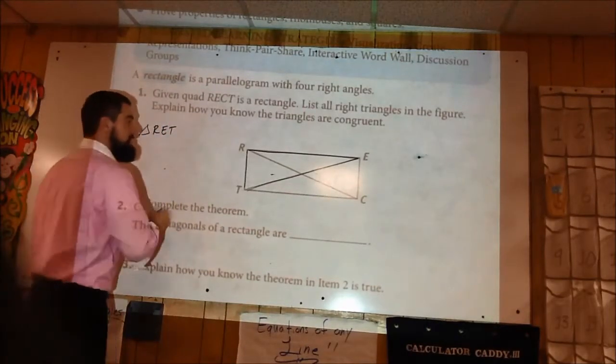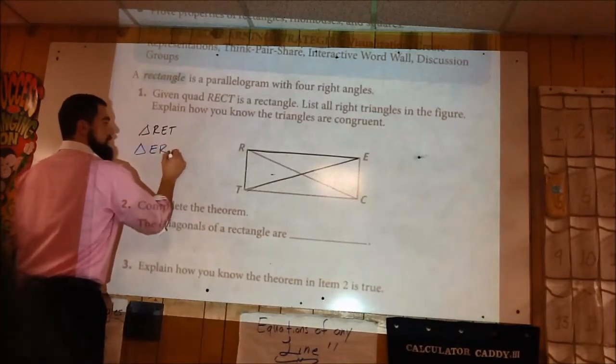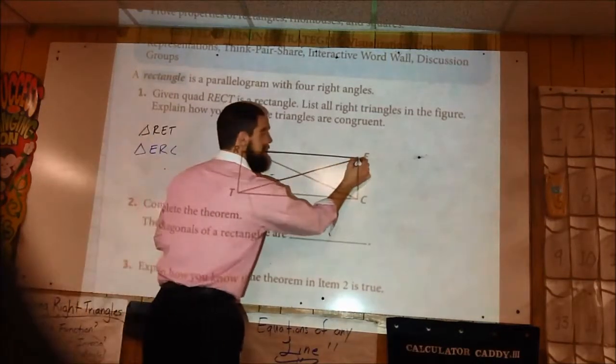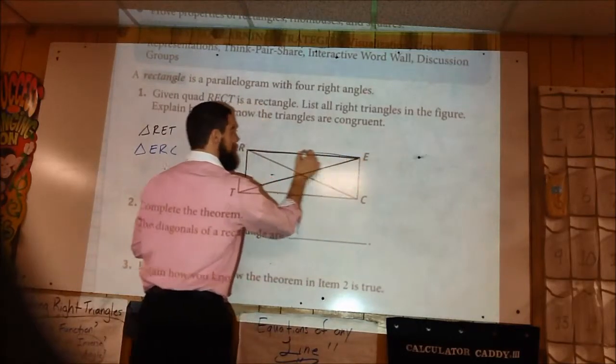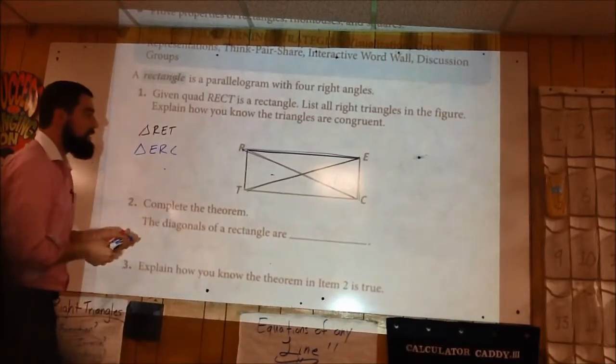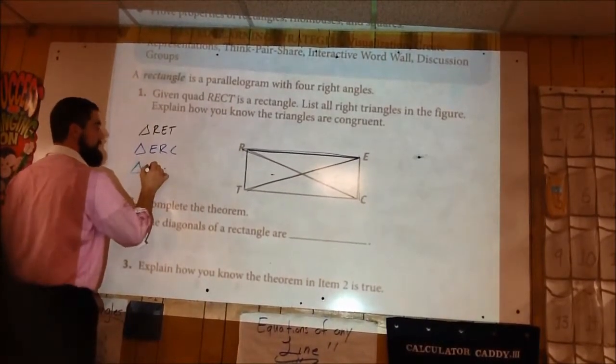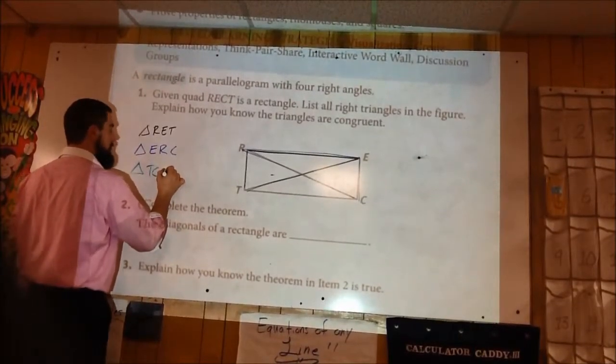Next one we have is going to be ERC, so that's this one. And then we got the two bottom, triangle TCR.